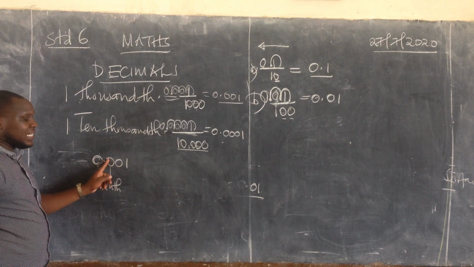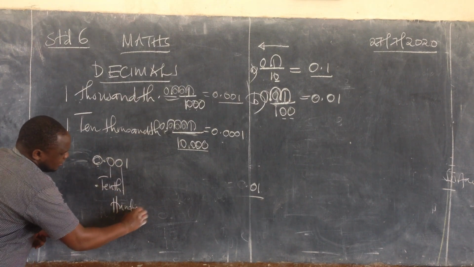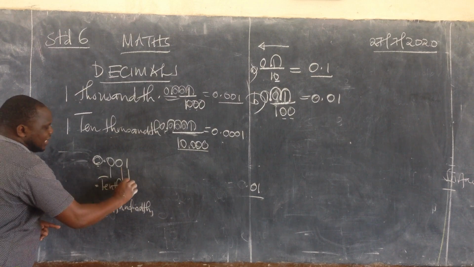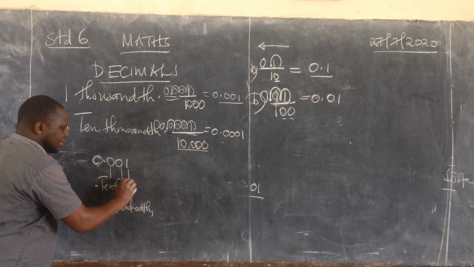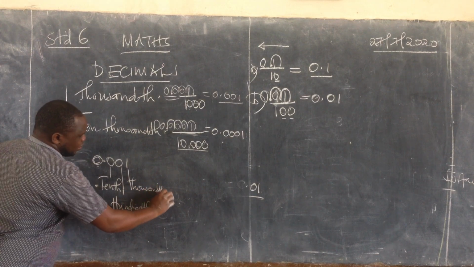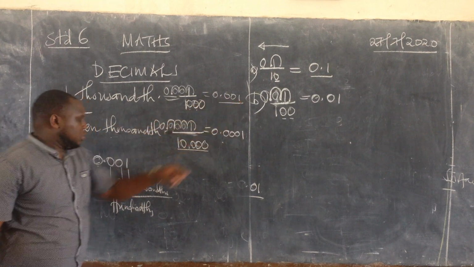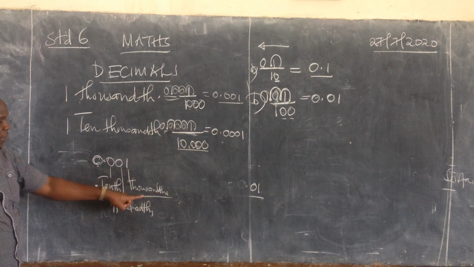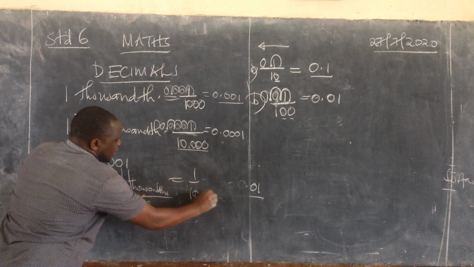The second is hundreds, then thousands, and that's where we get the name thousandths.